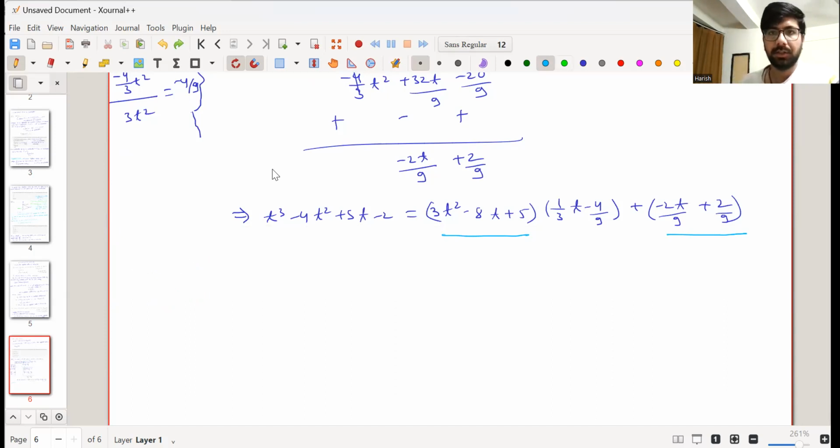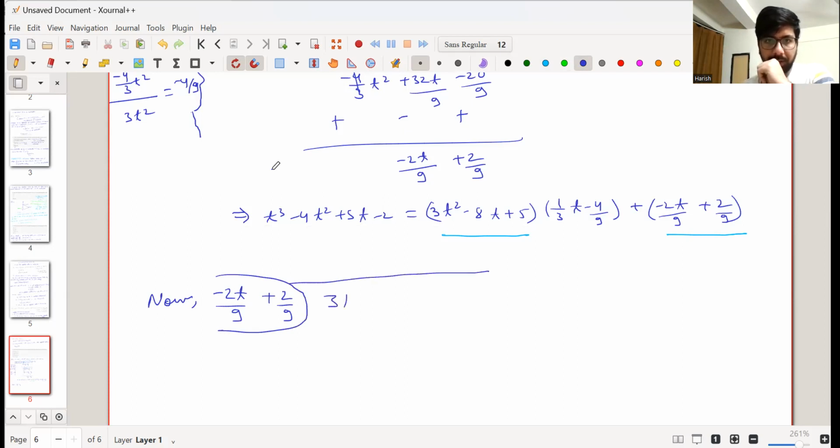So now we have to divide. We have to take this minus 2t by 9 plus 2 by 9, we have to divide it. This thing 3t square minus 8t plus 5, t minus 1 is a common factor. Yes, you are right.